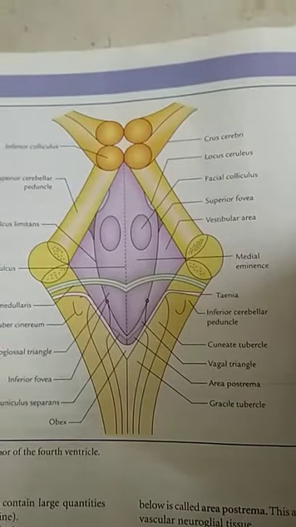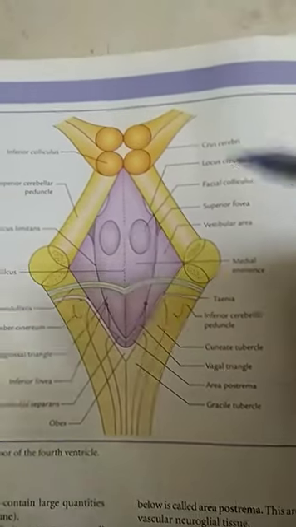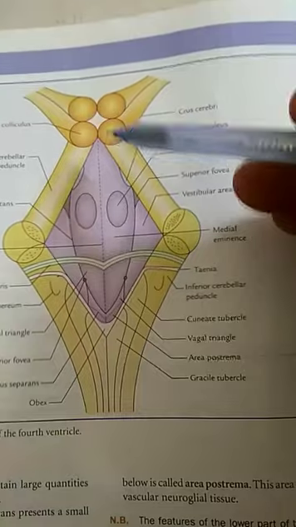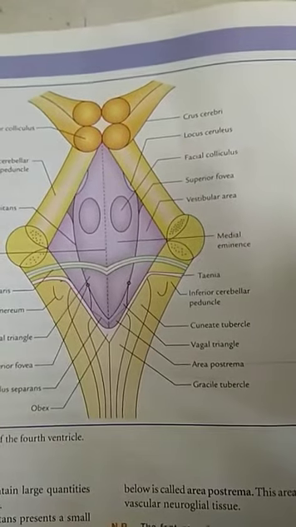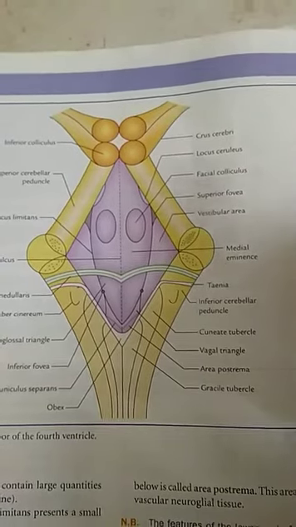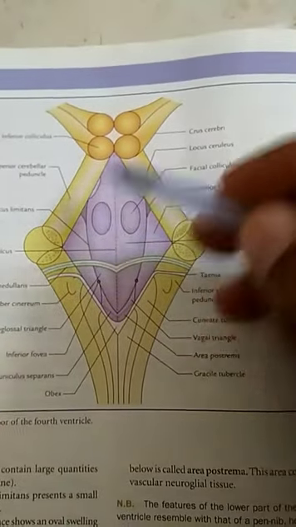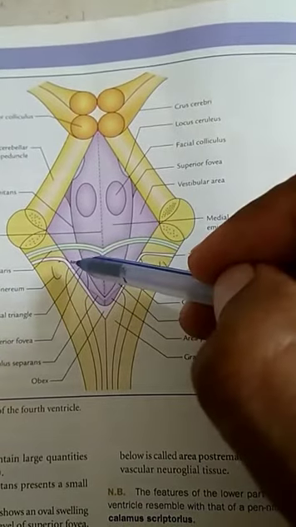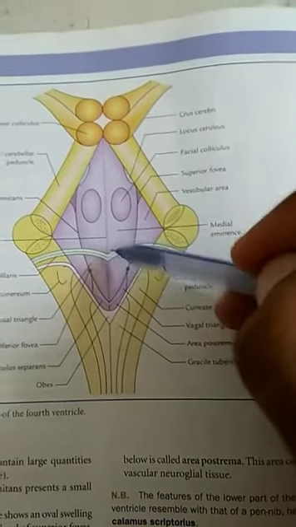Let us now discuss the floor of the fourth ventricle. As you can see, the floor of the fourth ventricle is rhomboid in shape. That's why it is also known as the rhomboid fossa. It has an upper triangular part, a lower triangular part, and an intermediate part.